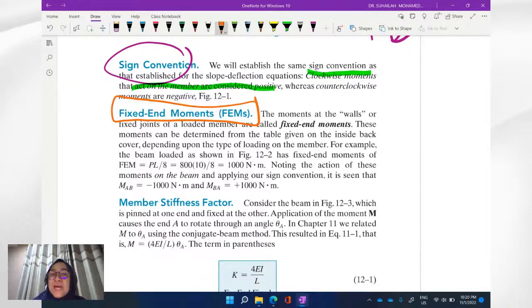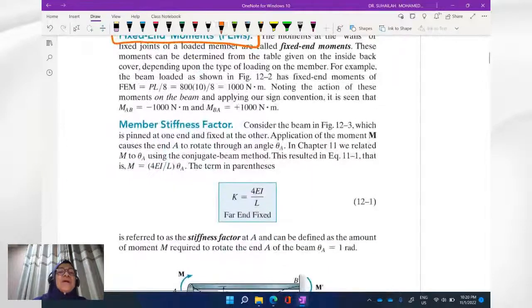We put the sign in the moment that we calculate. For fixed end moment, the sign that we get actually refers to the sign convention that we assume.